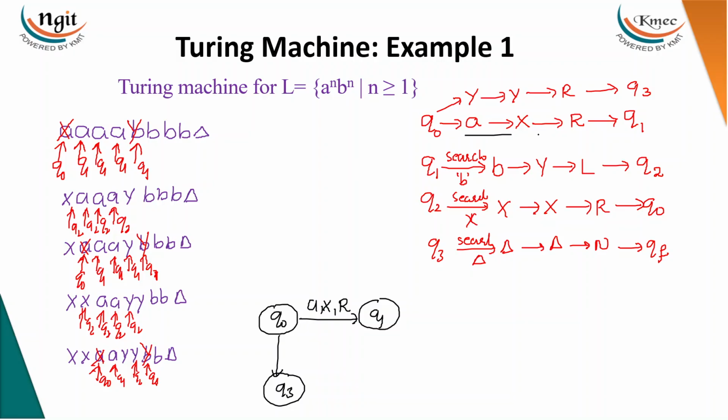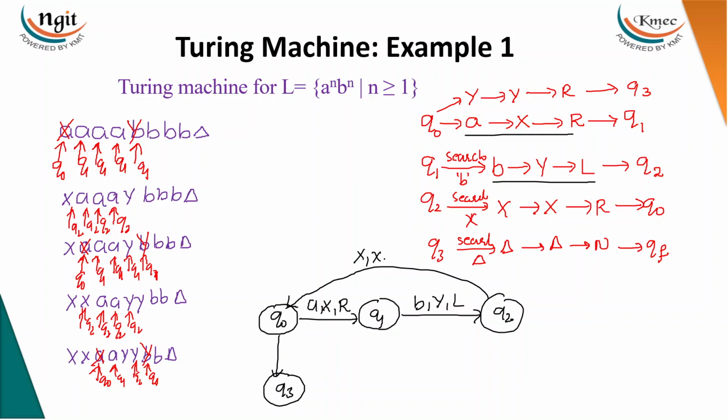Then Q1 is giving the task to Q2: if it is B, change it to Y, left direction. And Q2 gives the task to Q0: if it is X, move right. And when Q0 gives the task to Q3, if it is Y, don't do anything, just move right. And Q3 is searching for delta.